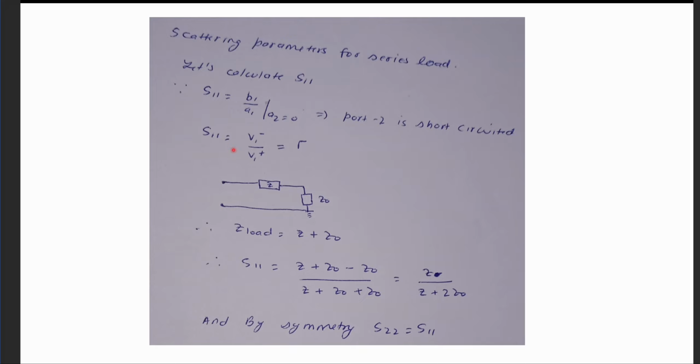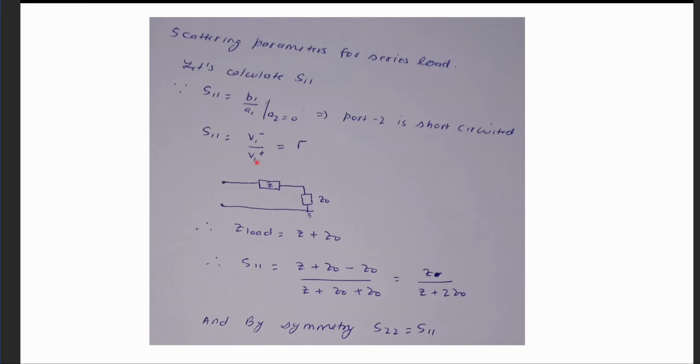Now, as you said, your port 2 is terminated. Hello, sir. Sir, here B1 is V1 minus, and A1 is V1 plus, divided by square root of Z0, that will get cancelled actually, right? No, sir, my question is: is V1 minus the reflected wave or the incident wave?